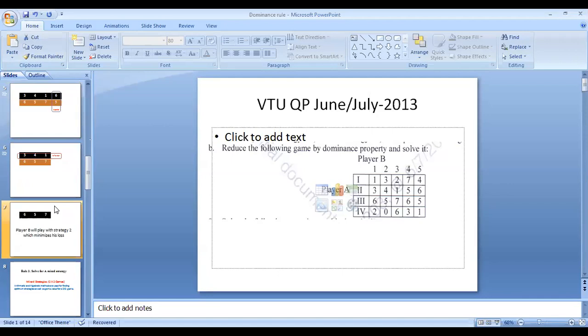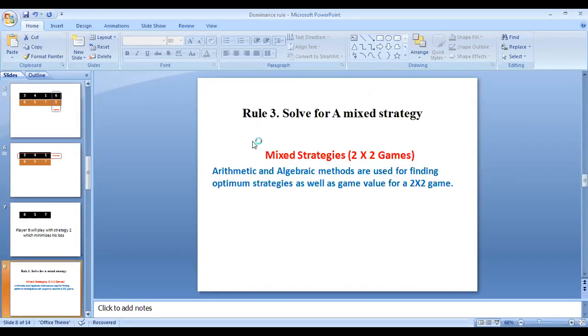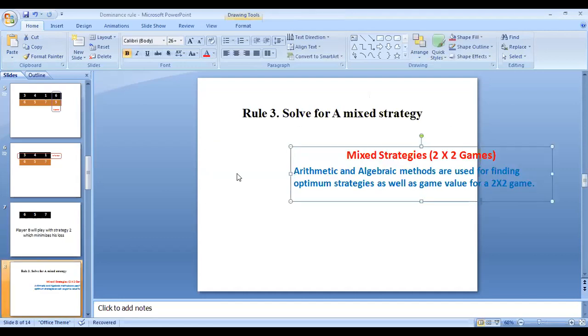But when the saddle point does not exist, as we have seen in the previous session, then what we did is we reduced the game by applying the dominance property to a 2 by 2, 2 rows and 2 columns. Once it is reduced to 2 by 2, we can solve it using either the arithmetic or algebraic method.